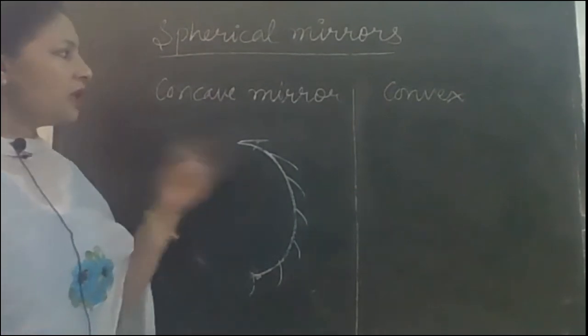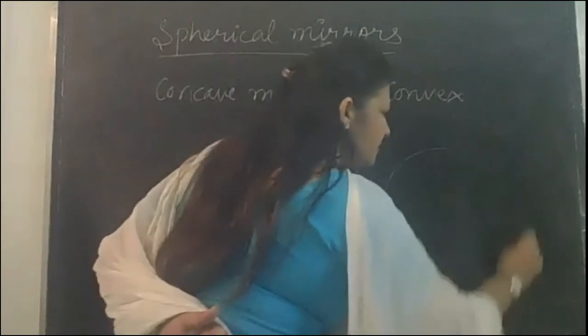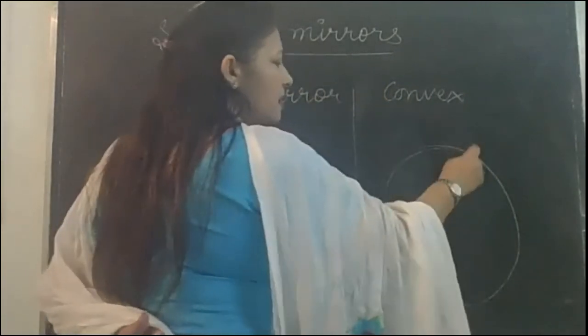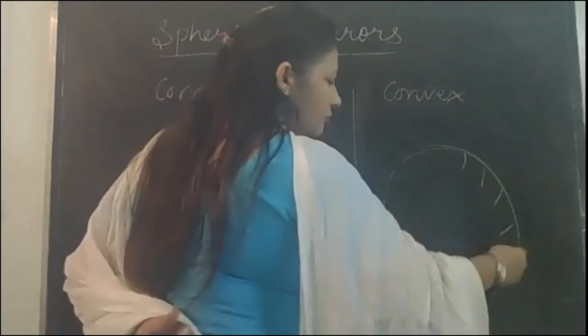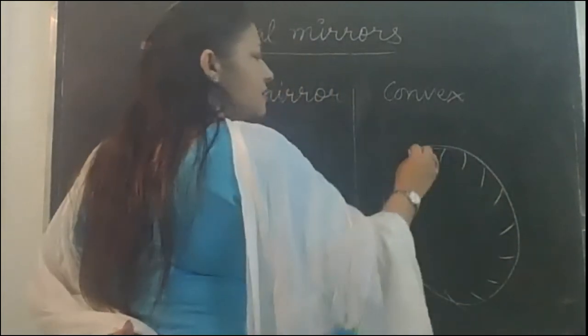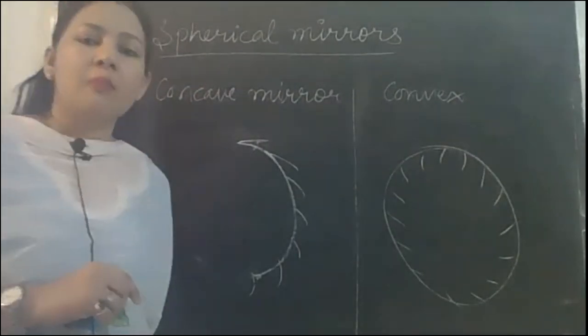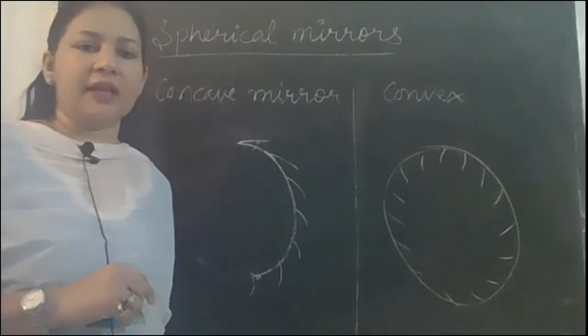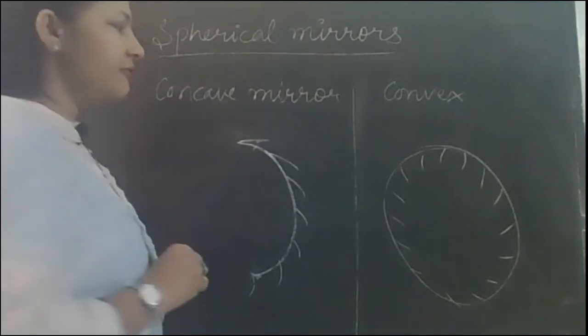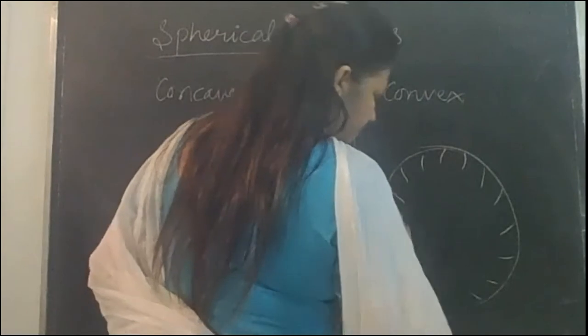On the other hand, a convex mirror is the part of a sphere which has been painted red from inside, made opaque from inside, and its outer surface is shining. Its outer surface is polished silver to make it reflecting.